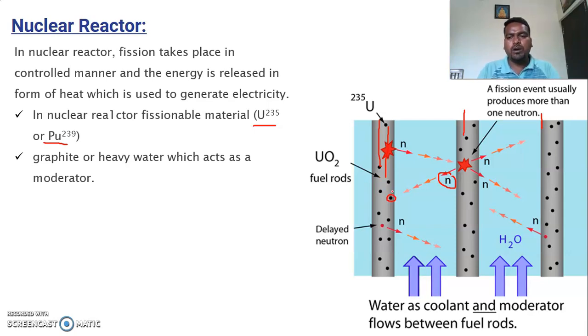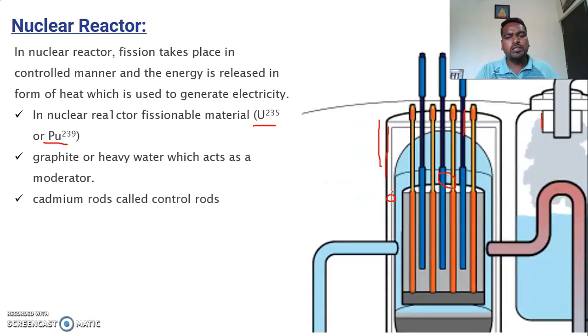So here water or graphite, heavy water or graphite, is used as a moderator, and cadmium rods. In the nuclear reactor, there is an assembly of uranium rods. In between we place cadmium rods. These are the cadmium rods, the blue color rods.